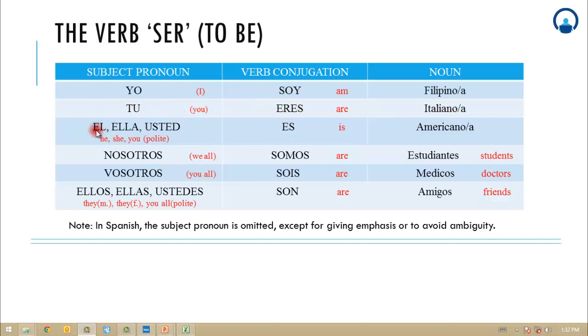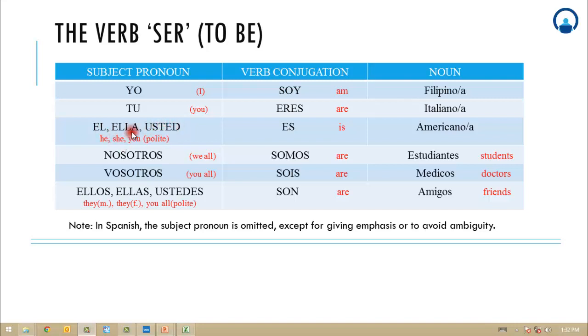Next we have él, ella, usted. Él means he, ella means she, and usted means you, said in a very polite manner. Now these two are different. Tú is very informal, in a friendly manner, and usted is with respect, in a polite manner.